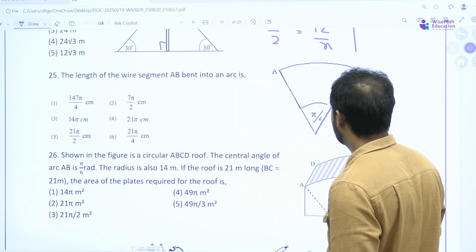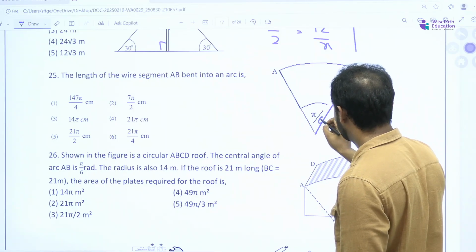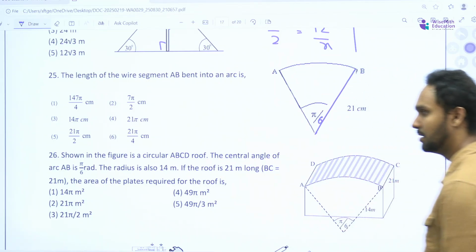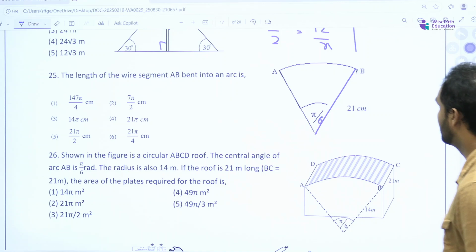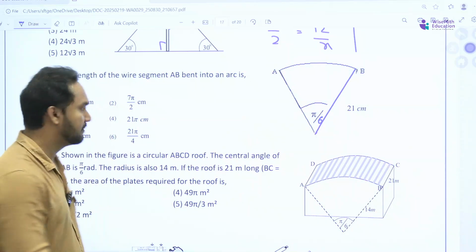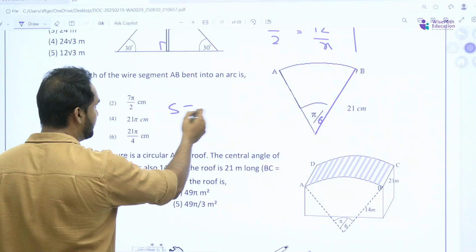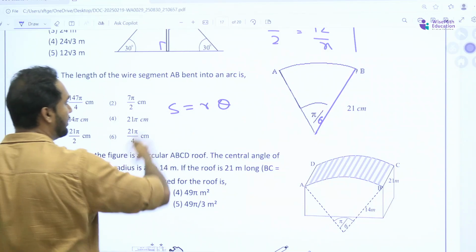So this is given 5/6, isn't it? Yeah, that is 5/6. The length of the wire segment AB bent into an arc, now they are asking for the arc length. For that you can simply put S equals R theta, because the arc length equals R theta and theta should be in radians.